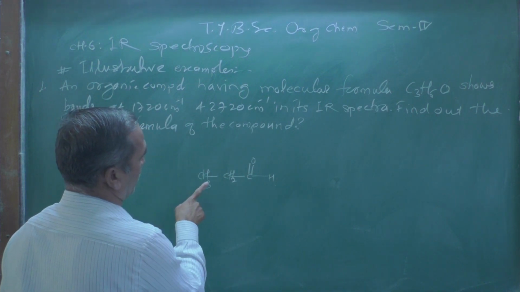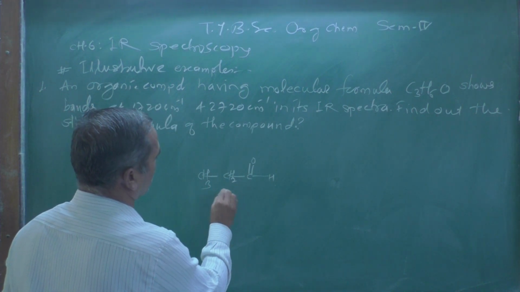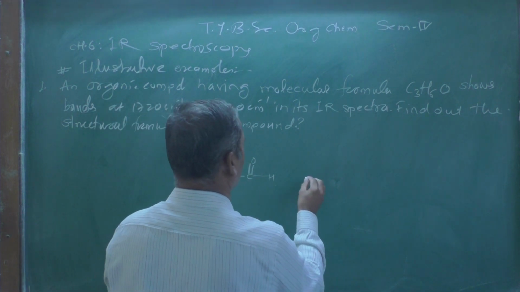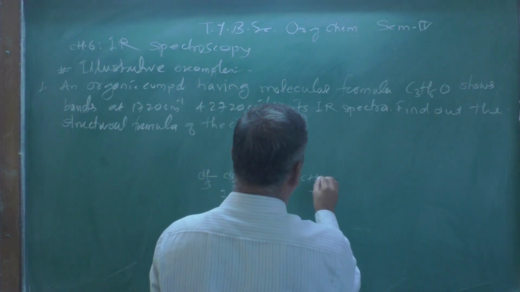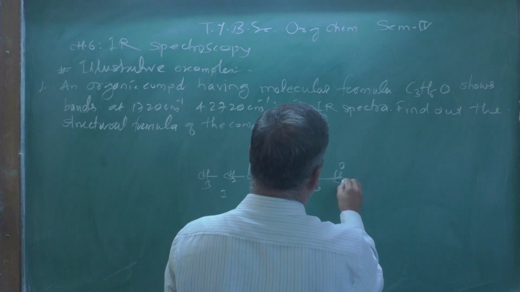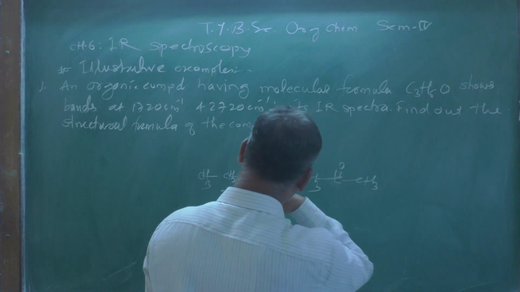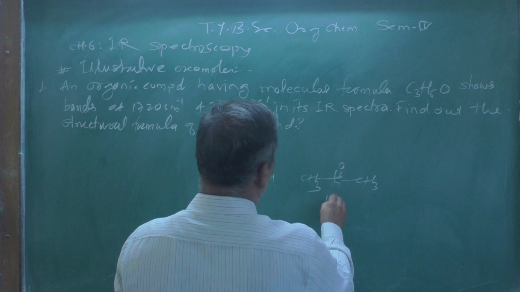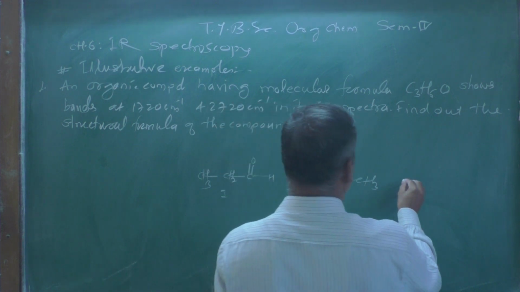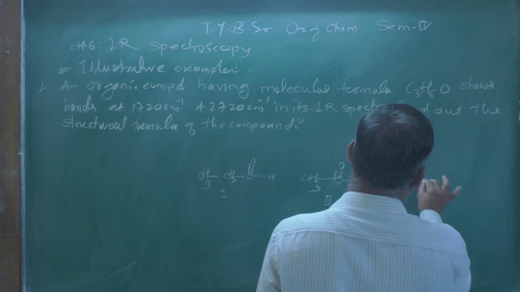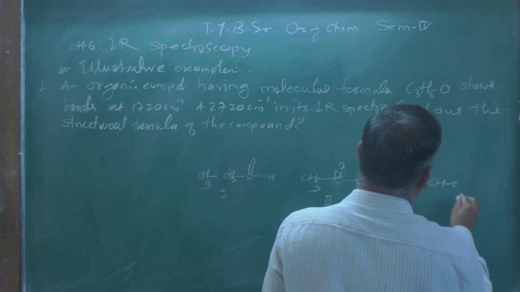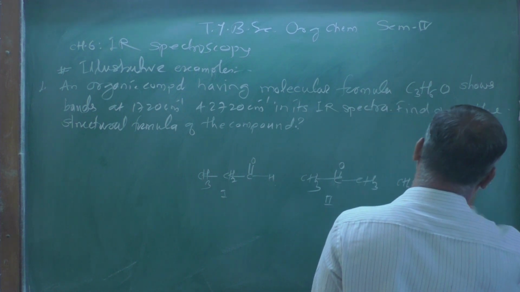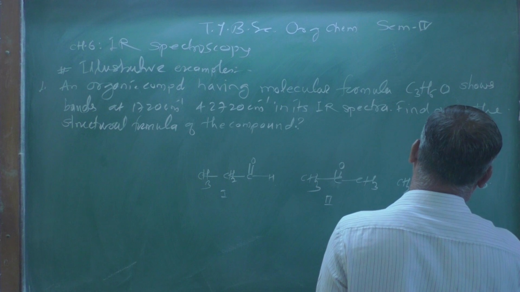Look here, one structure is this one. Another structure we can draw is CH3, then CH3 with the carbonyl in the middle, a second structure. Or another structure, CH2 double bond CH, then CH2O. This will be structure number 3.